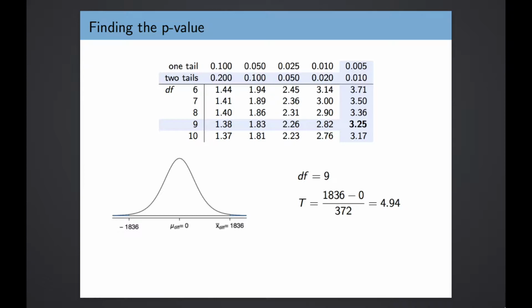Now remember, when we did this in R, we found a precise p-value of 0.0008. So if we use R, we can find the actual p-value that corresponds to the test statistic that we find. If we use a t-table, we can make a relative statement. We can say that our test statistic is corresponding to a p-value that's less than 0.01. So given this finding of a small p-value, what can we conclude from our hypothesis test?